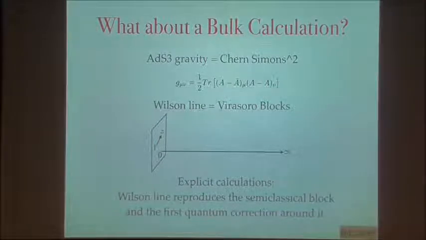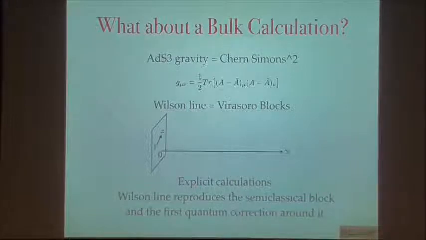And then the holomorphic Virasoro conformal block is due to the expectation of the Wilson line in one copy of the Chern-Simons theory. So you can try to compute what this Wilson line expectation value is in Chern-Simons theory, and then compare that with the Virasoro block. We did this, and as far as we can check, these two results indeed match.